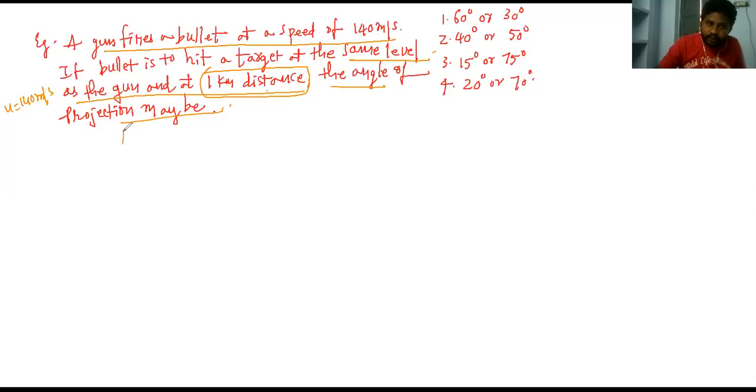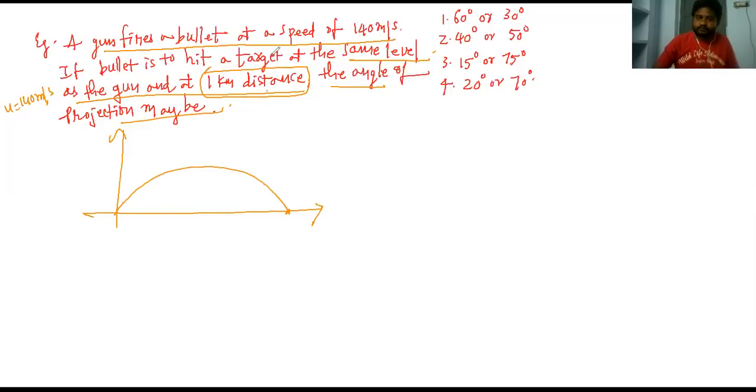So what I can say here is, this is what happened. This is the target. Target is at 1 kilometer distance. The angle of projection may be, right? This is called the range. Will you agree with this? This is the range.